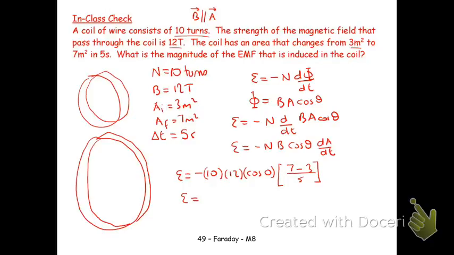That would be 5, that goes 10, that goes twice, that's 24. 24 times 4 is going to be 76, I think. Let's have a look. 10 times 12 times 4, enter, divided by 5, 96.